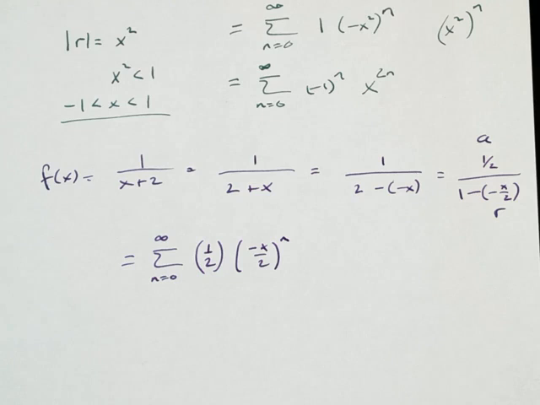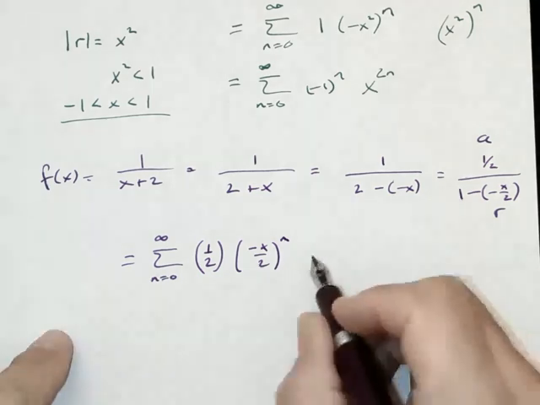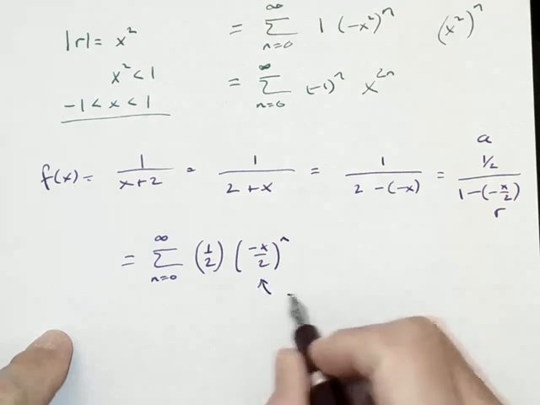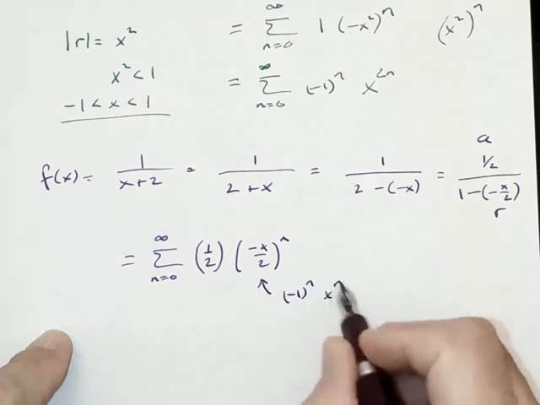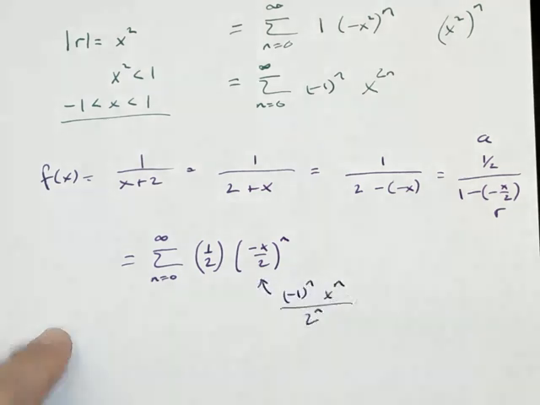I want to pull that out. Then I have a fraction inside that power also, right? So let's separate that, put the n power on top and the n power on the bottom. So I get minus 1 to the n, x to the n, and a 2 to the n. But wait, there's also a 1/2 in front of this expression, isn't there? So there's one more 2 on the bottom.